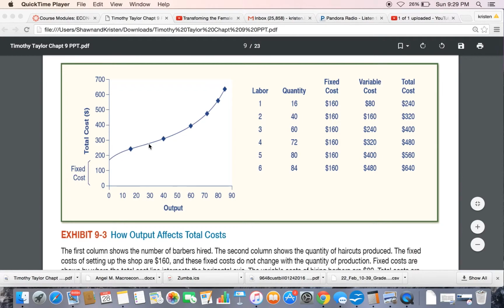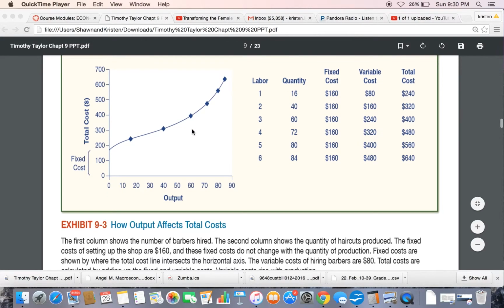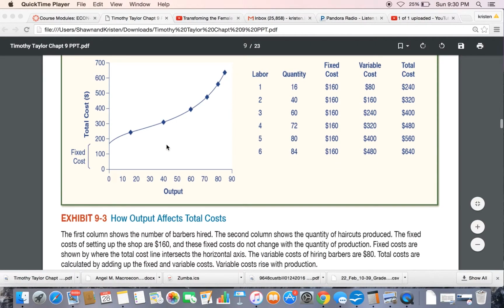But then at some point, where our marginal cost per unit around here is lowest, the tangent is going to rise. And so the tangent to the total cost curve is how we come up with our marginal cost curve.